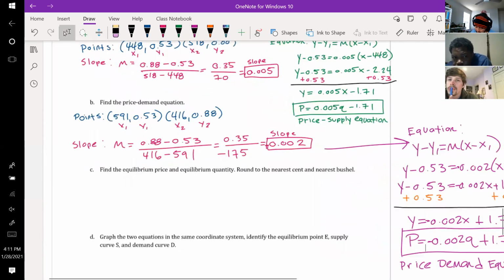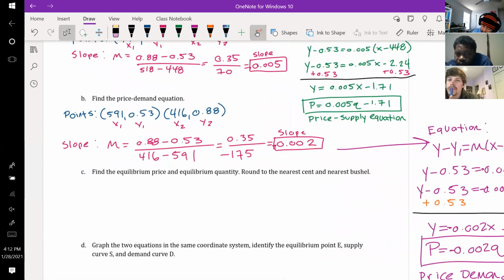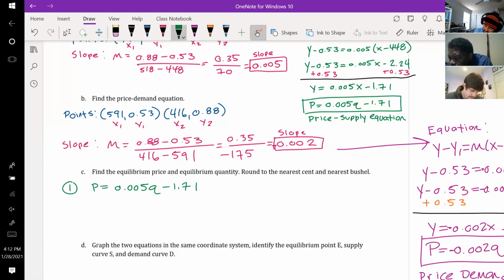So we're going to take equation 1, which is P equal to 0.05 Q, and put it over equation 2, which is P equals negative 0.02 Q plus 1.71.